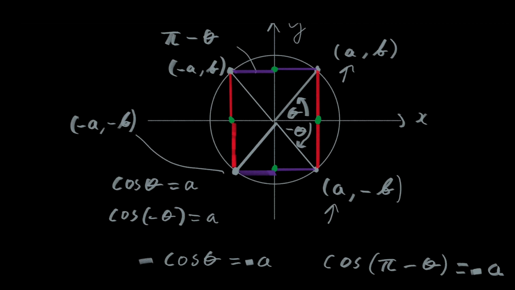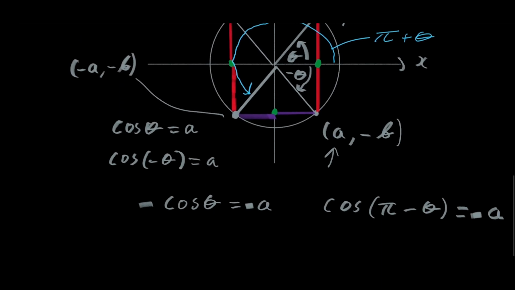If I started off here and I went all the way around past pi minus theta, all the way 2 pi radians, and then an extra theta radians. So that blue angle that I've indicated would be the angle pi plus theta.